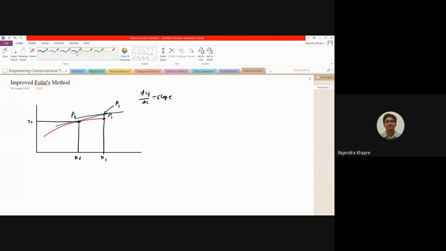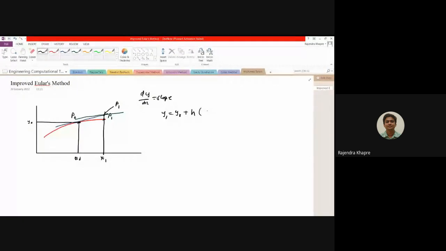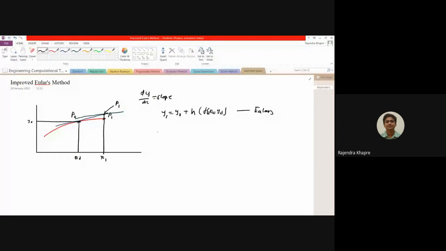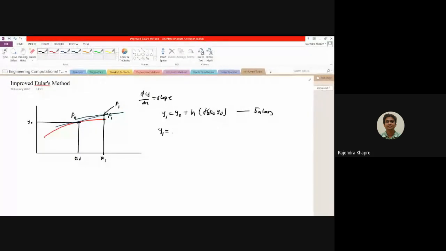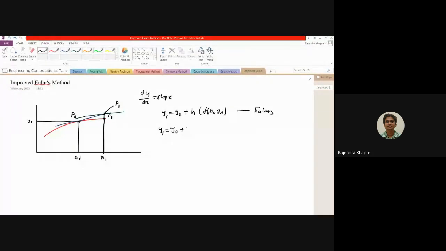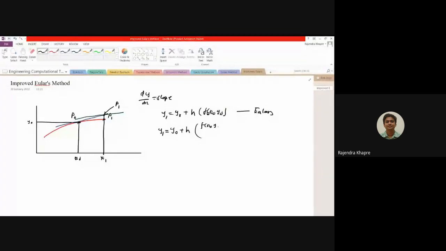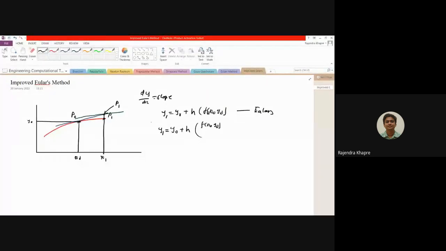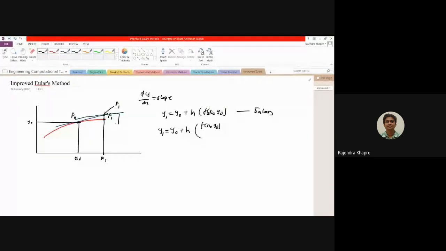If I put it in terms of mathematics, your y1 is usually written as y0 plus h into f of x0 and y0. This is Euler's method. But in case of improved Euler's method, y1 will be calculated as y0 plus h into f of x0 and y0, which is nothing but this much intercept.